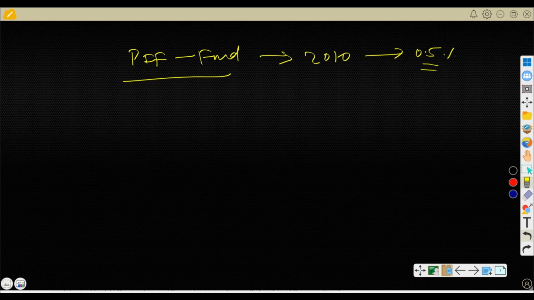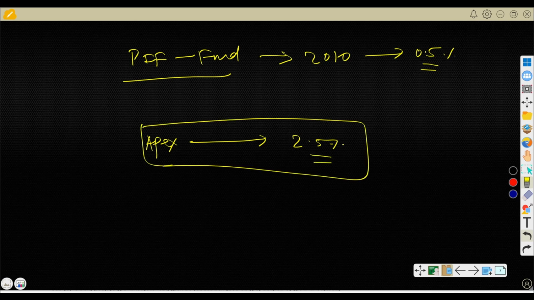For the same fund management, there are other companies as well. Let's take the example of Apex. Apex is charging around 2.5%. Why? They signed a new deal where they are charging 2.5% management fees. And here GMT AMC is only charging this one.